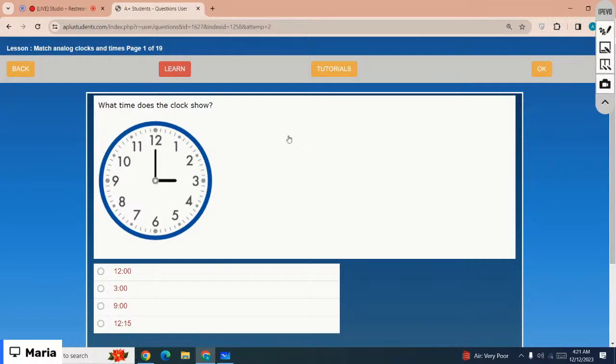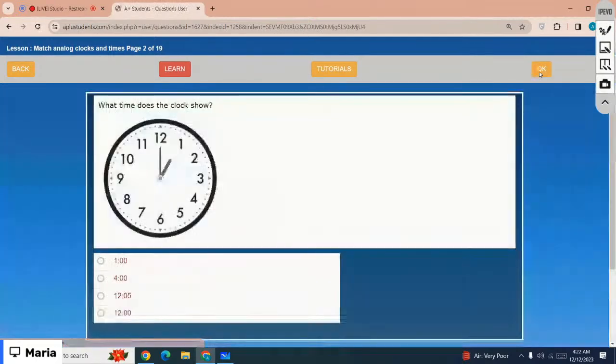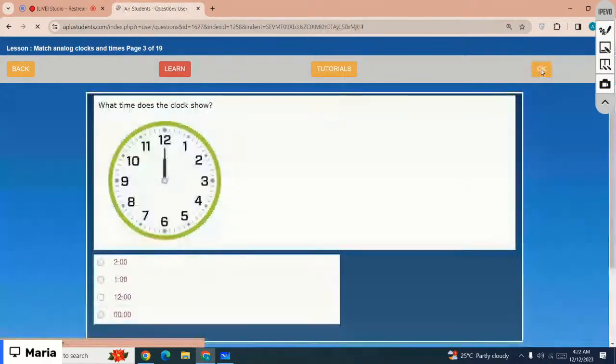The hour hand points to 3 and the minute hand points to 0. Okay, the next one. What time does the clock show? Yes, that is 1 o'clock. The hour hand points to 1 and the minute hand points to 0. So the time is 1 o'clock.